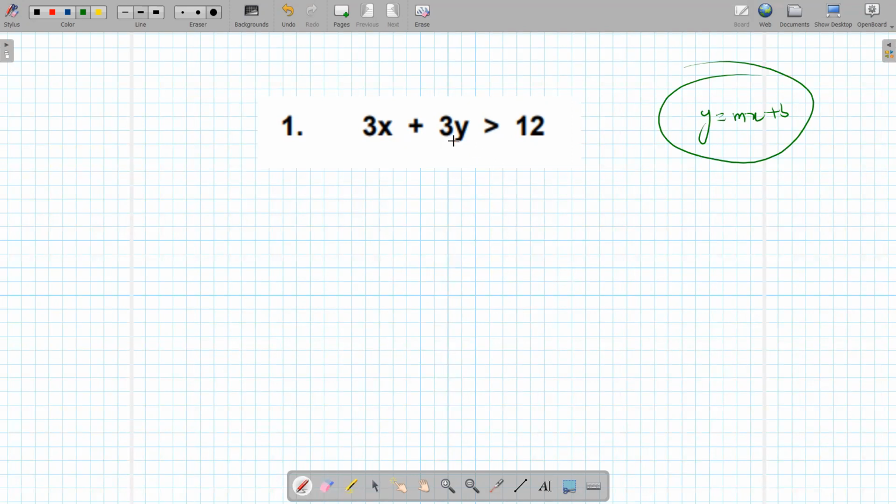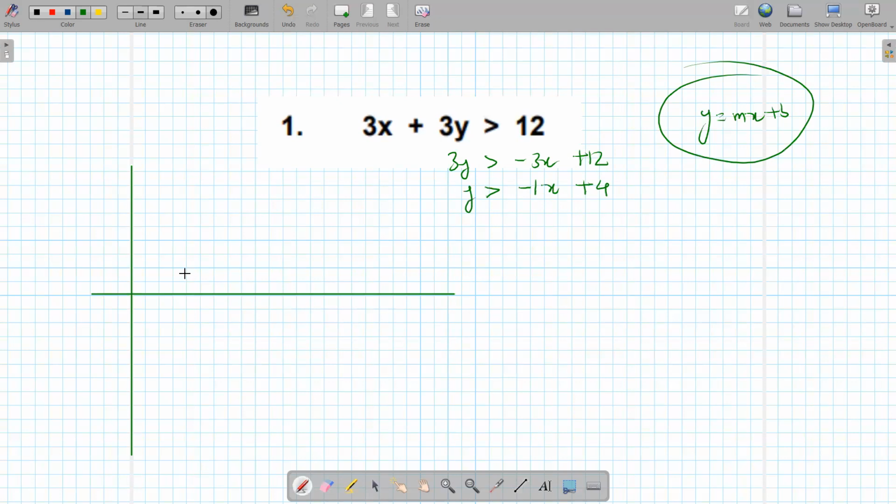You subtract 3x, and then you're gonna divide by 3 as well. And when you divide by 3, divide them individually. So you get negative 1x for the slope and the y-intercept is a 4. Like that.